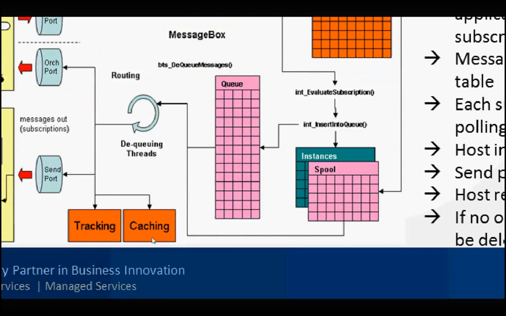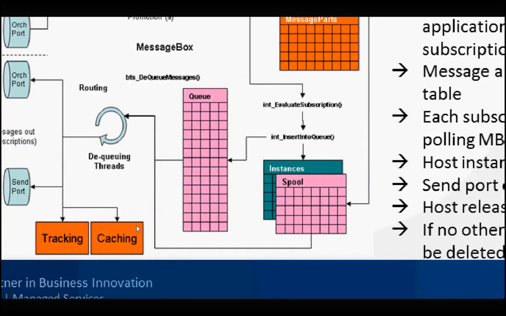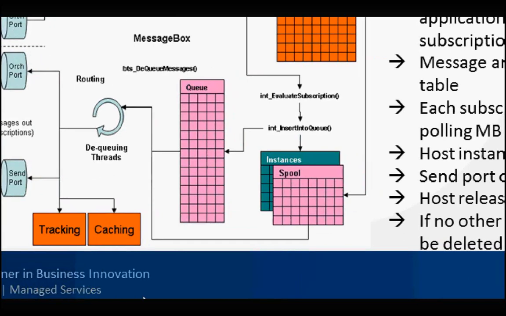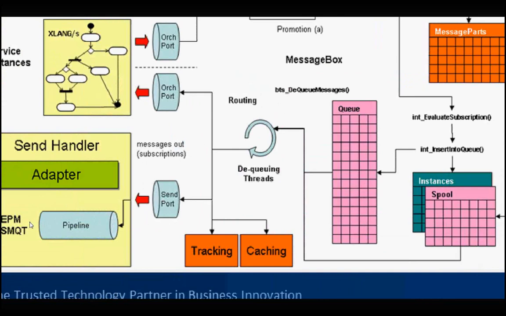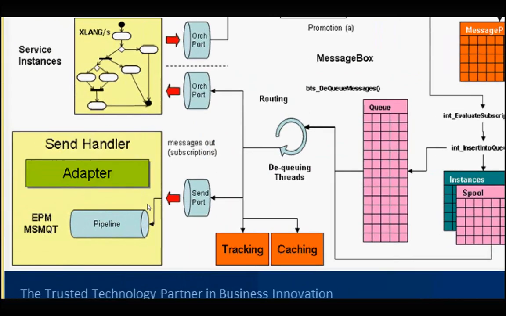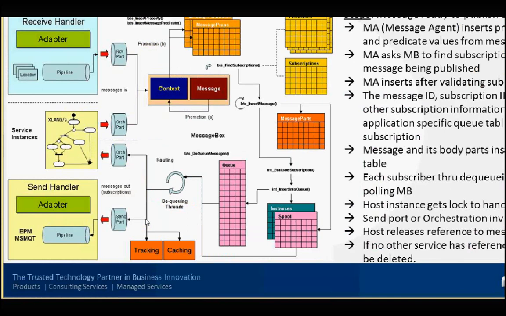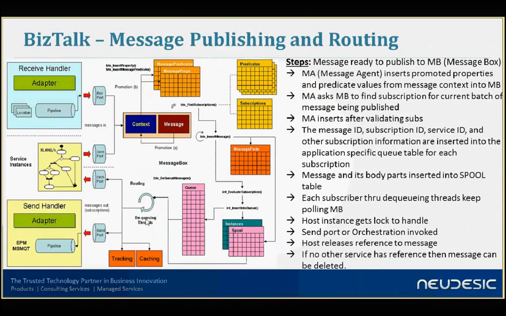Then there are multiple dequeuing threads running which keep polling the message box. They read those messages and pass them to a send port or orchestration, and for example tracking and caching will be done. This is what happens inside message publishing and routing.